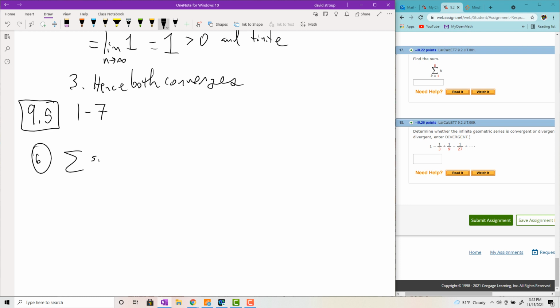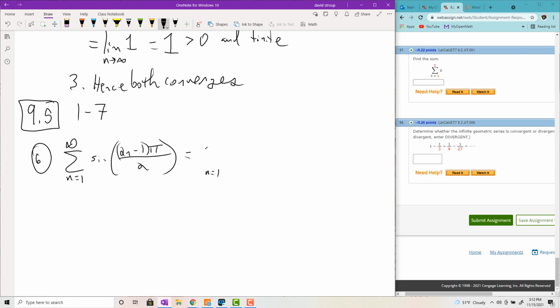Number 6, the sum of sine of (2n minus 1) times pi over 2, from n equals 1 to infinity. In this case, I'd investigate the terms of this series. When n is equal to 1, I get 2 times 1, which is 2, minus 1, which is 1, pi over 2.